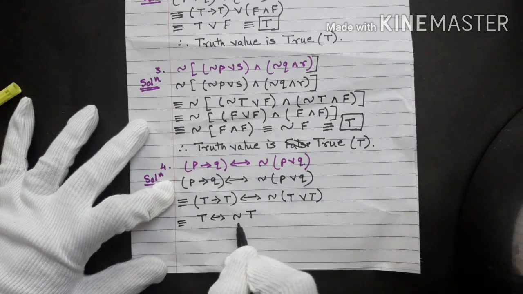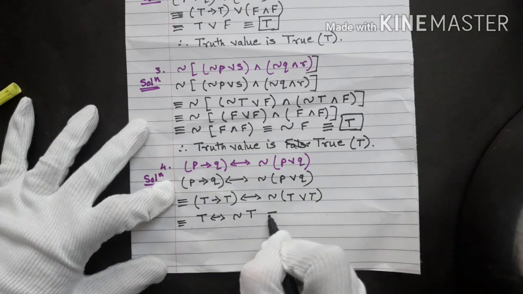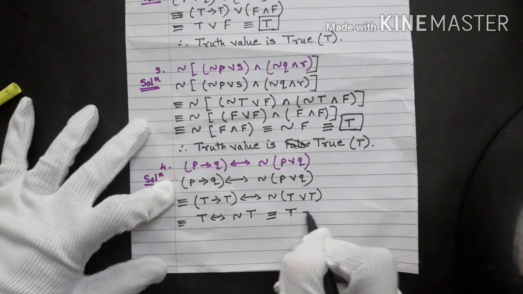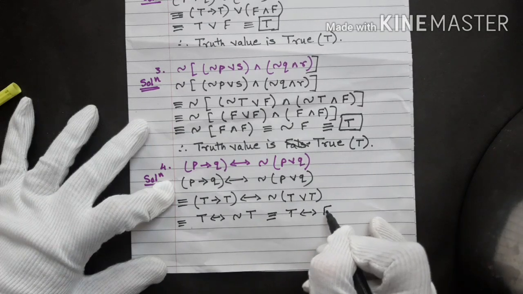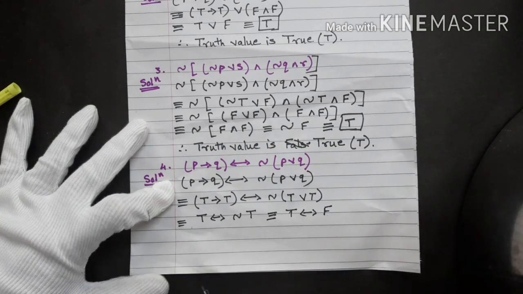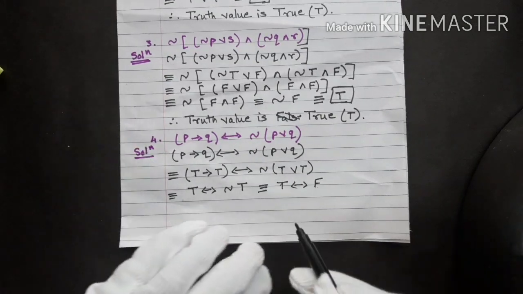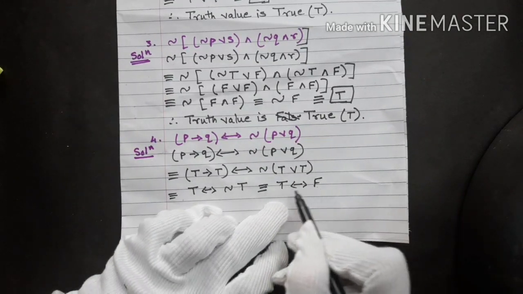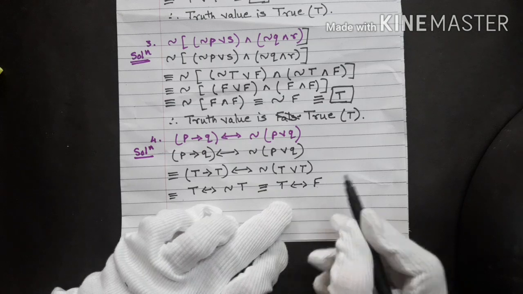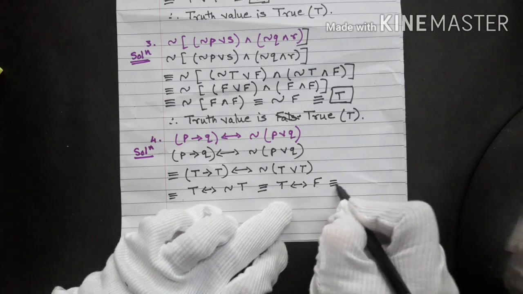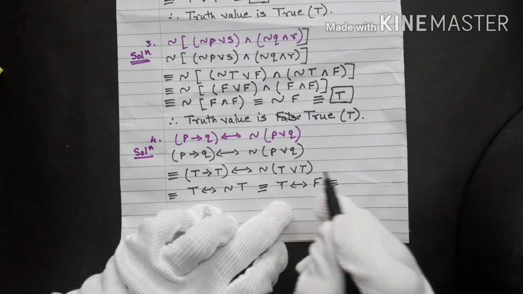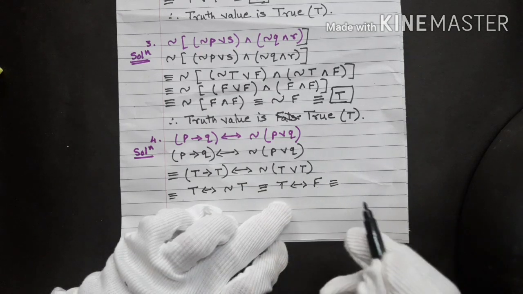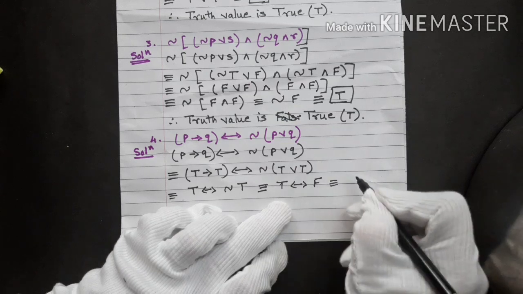But now see, here there is a negation sign. So you will get T double implies negation T is F. Correct? So T double implies F is F. Correct? In double implies only if both the values are same, that is TT or FF, then you get true. Otherwise it is false.